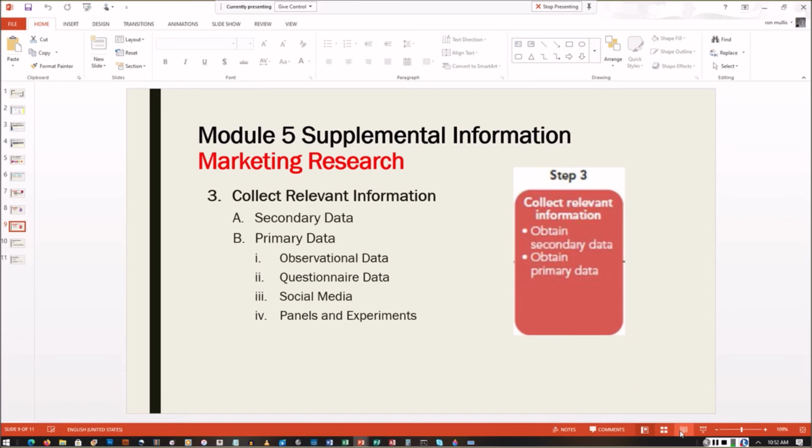Secondary data is generally easier to collect and it's less time consuming to find, and it's more cost effective than compared to primary data.